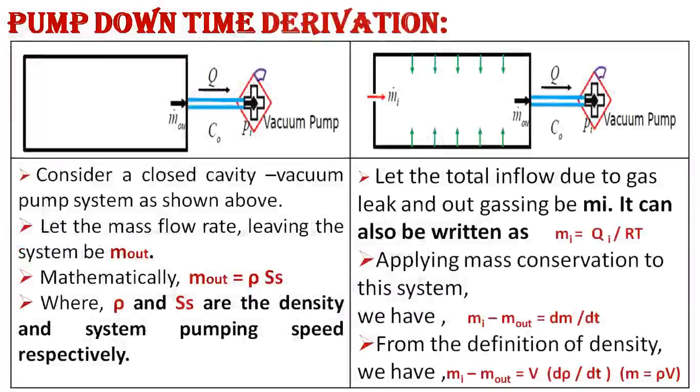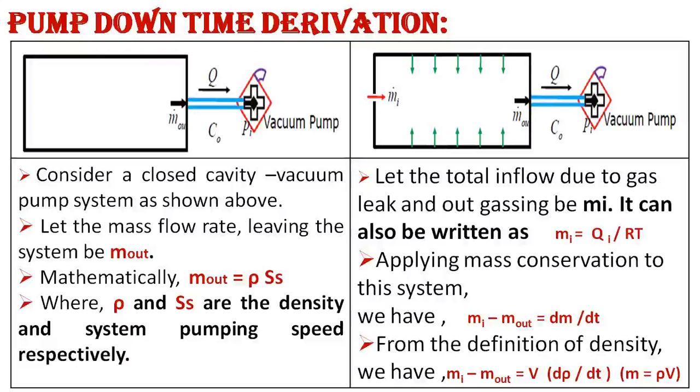So see both the diagrams. Here is one container, there is the M out of molecular gas, here is the throughput, and the vacuum pump, that is the initial pressure Pi, and C is the conductance. So consider a closed cavity vacuum pump system as shown.